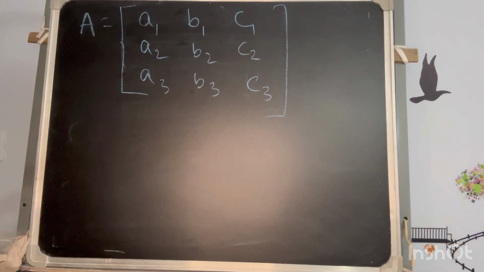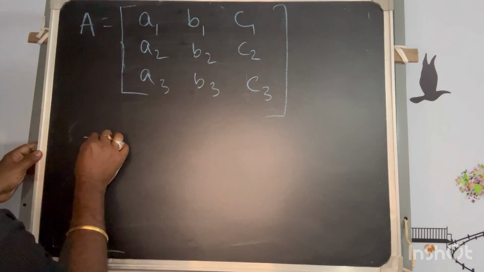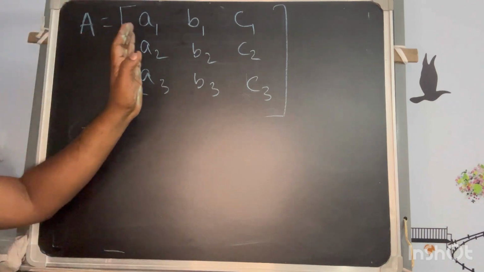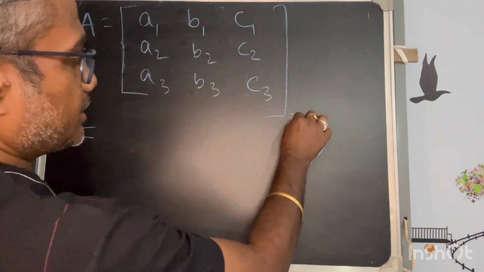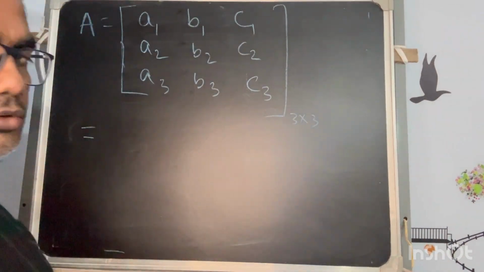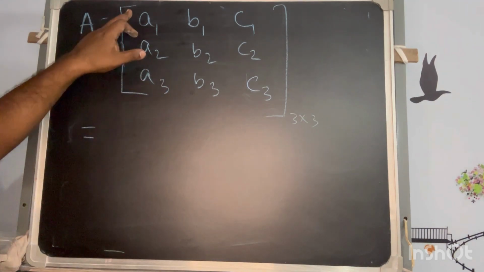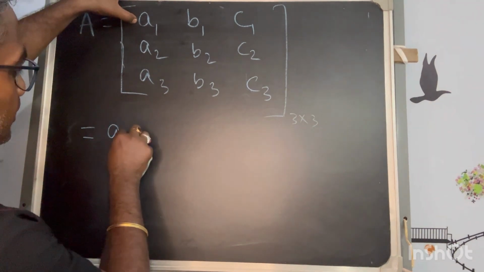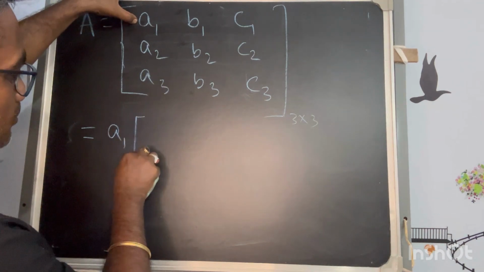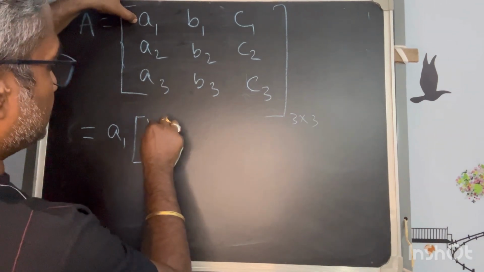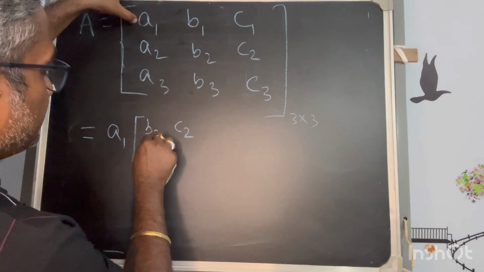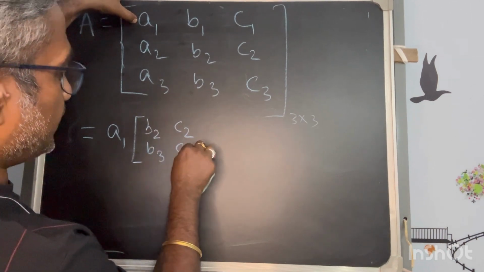How to expand it? While you expand, you have to remember the order. Let's say I have taken a 3 by 3 order. While I expand, I will take this element and multiply it with a minor. First I am not expanding it further, rather I am writing the minor as it is.